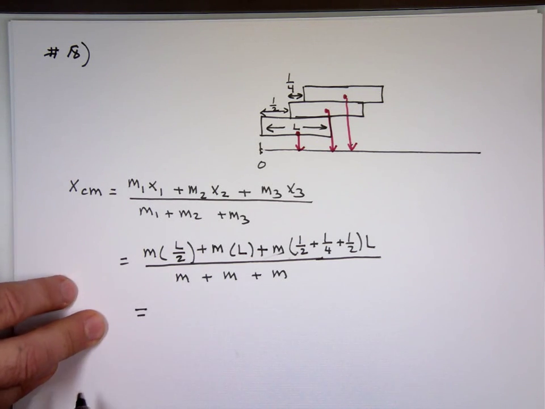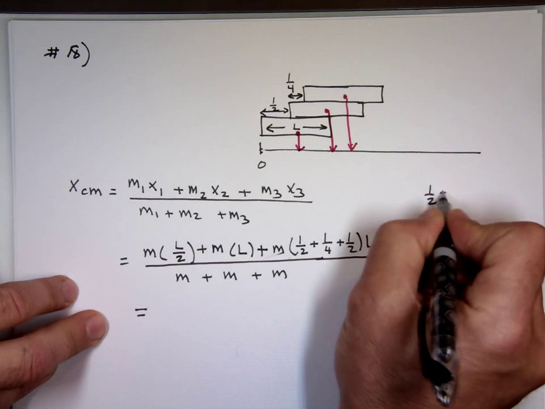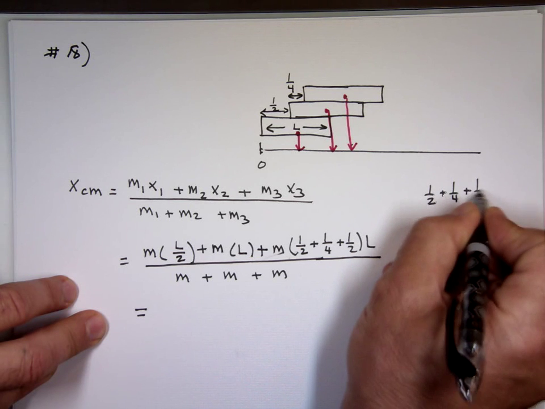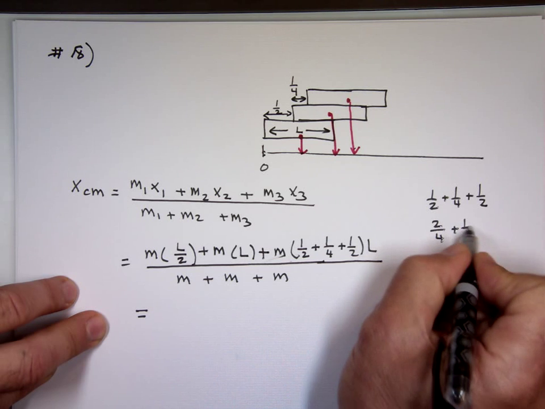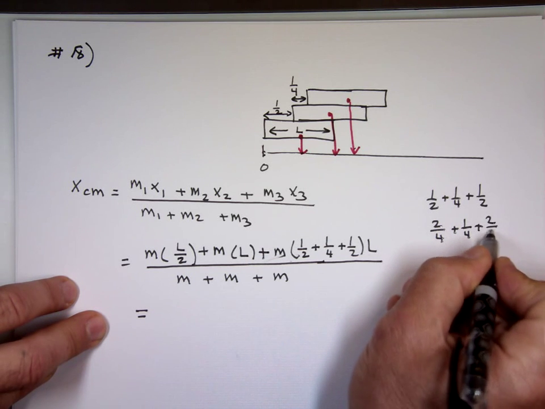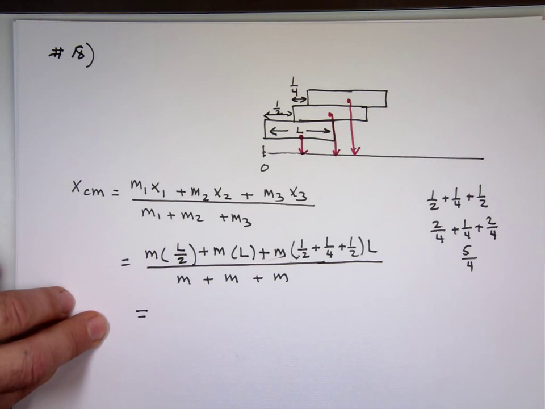Now if you go to the side here, what's 1/2 plus 1/4 plus 1/2? LCD is 4. That's 5 over 4. So I can take the m out.